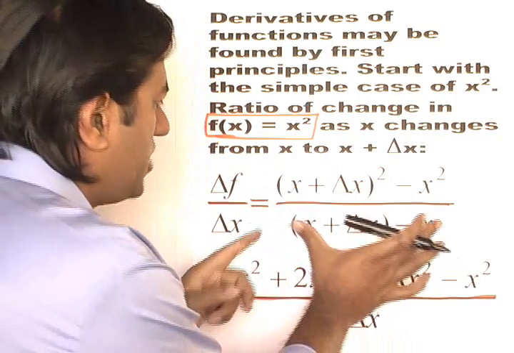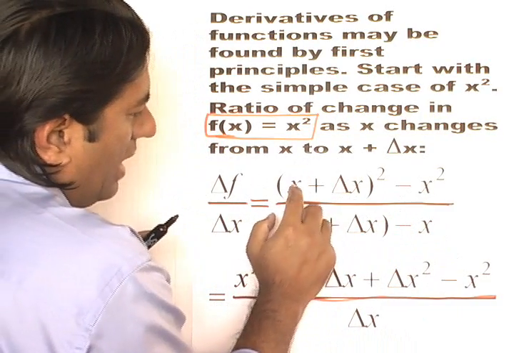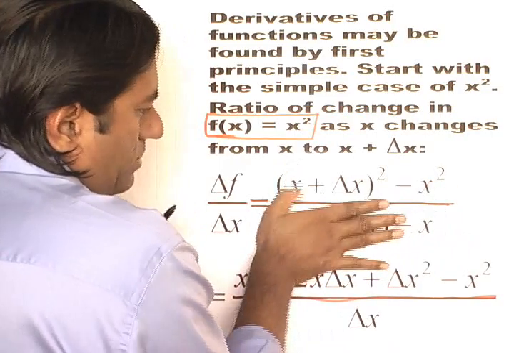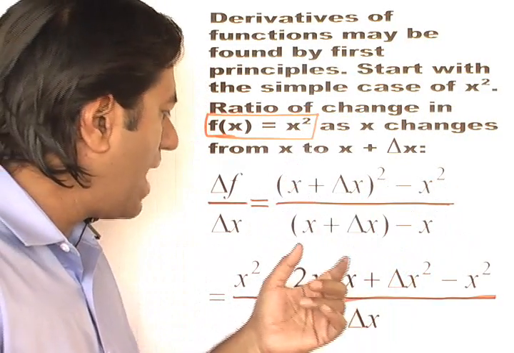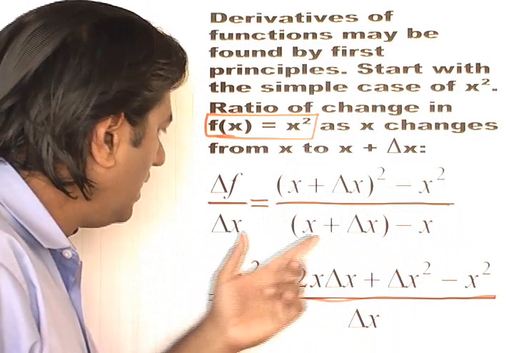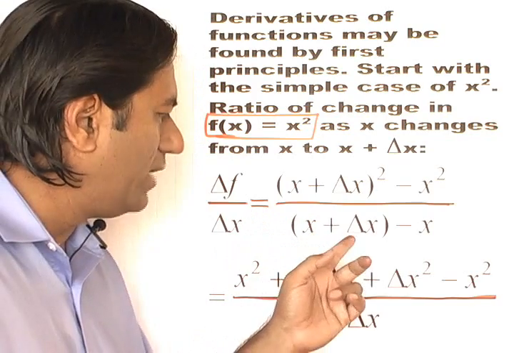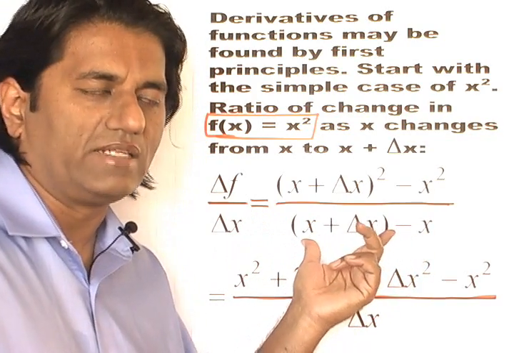So the change in f would be the numerator here, (x plus delta x) whole square minus x squared. Okay? And the change in x would simply be the new value of x, which is x plus delta x, minus x, so that's just delta x.